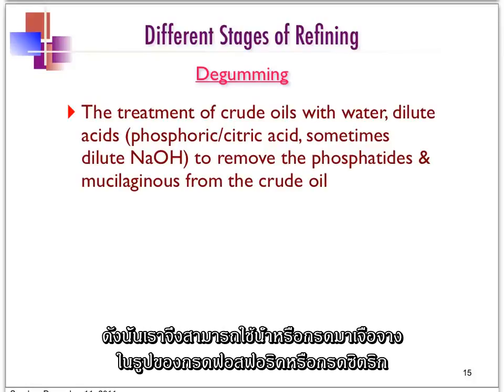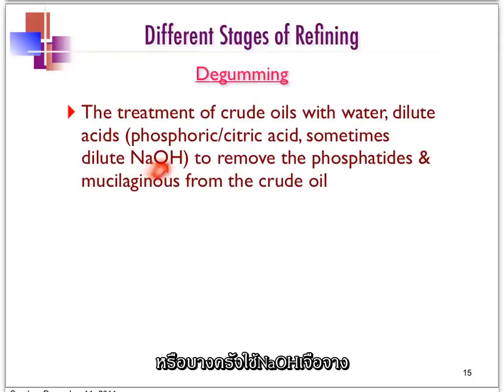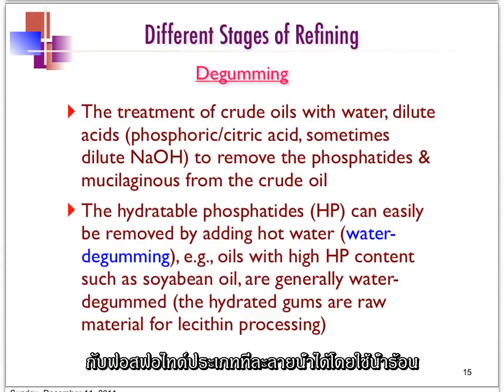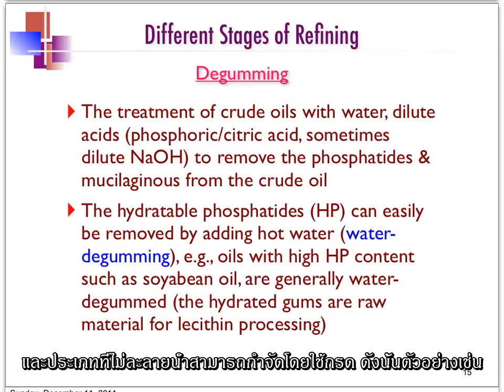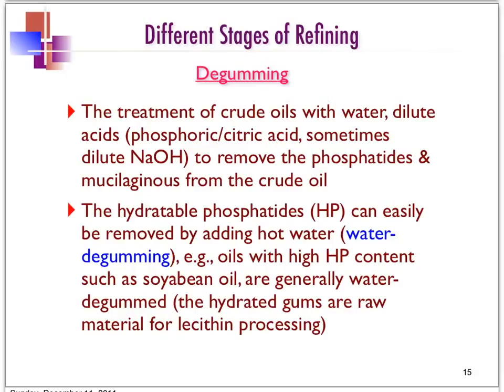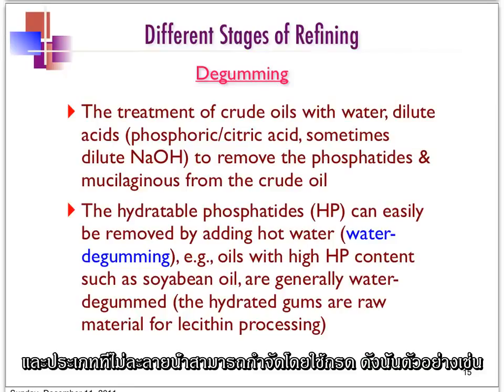So we can use water or dilute acid in the form of phosphoric or citric acid, or sometimes dilute sodium hydroxide. There are actually two types of phosphatides. One is called hydratable phosphatides, which can be hydrated by using hot water, and the other one is non-hydratable phosphatides, which can only be removed by using acid.